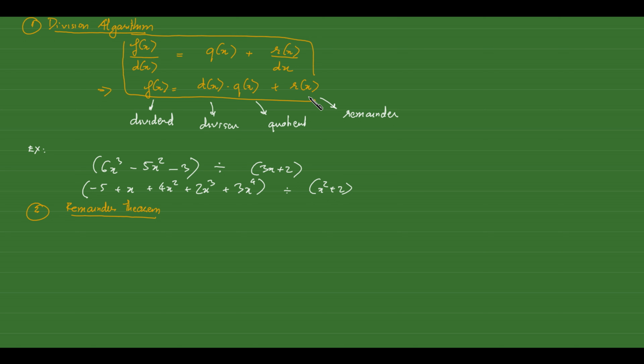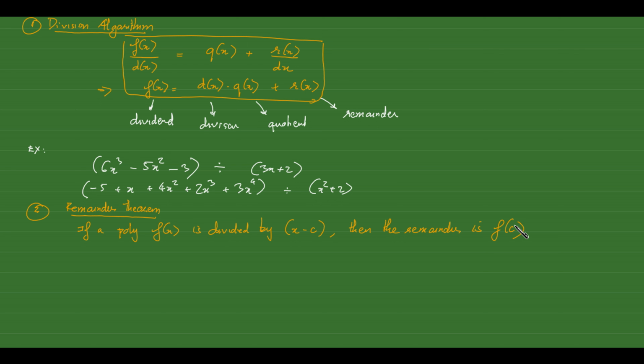If a polynomial function f(x) is divided by x minus c, then the remainder is f(c).